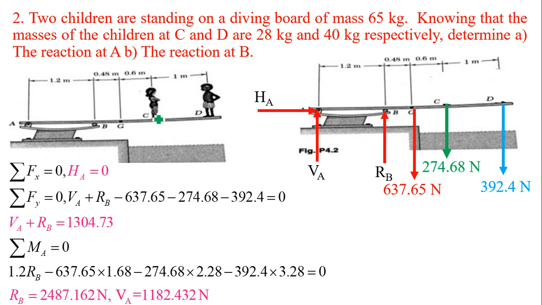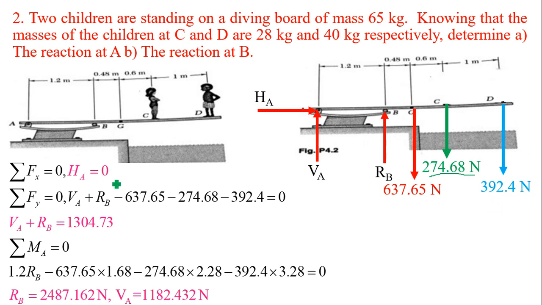Then at point C, the child is standing, so the mass of the child is acting vertically downward, that is 28 into, as the mass is given in kg, converting into Newton, 28 multiplied by 9.81, we get 274.68 Newton. Then at point D, mass of the child is 40, so force will be 40 into 9.81, 392.4.